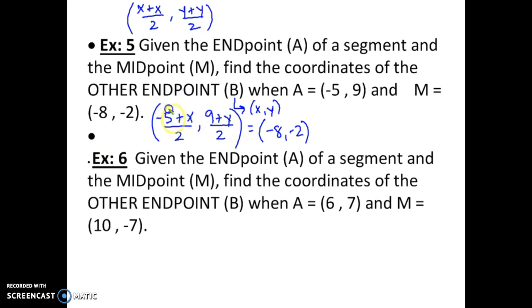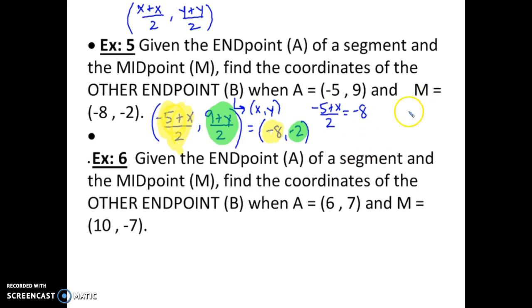Okay, so that means this part over here has to equal negative 8, and this part has to equal negative 2. So I have two equations that I can write. The first one is negative 5 plus x divided by 2 equals negative 8.